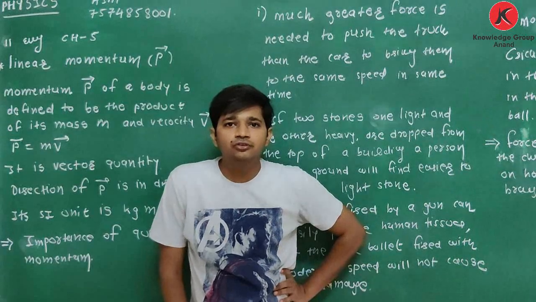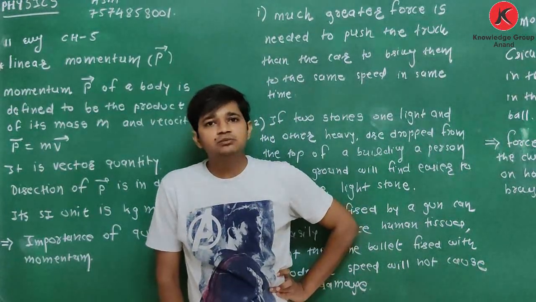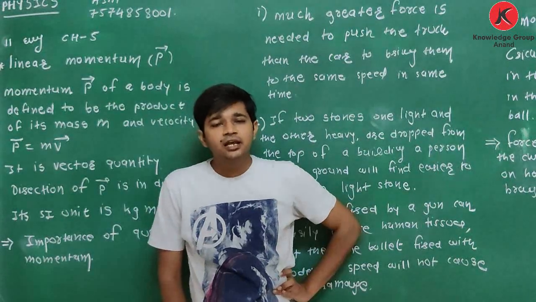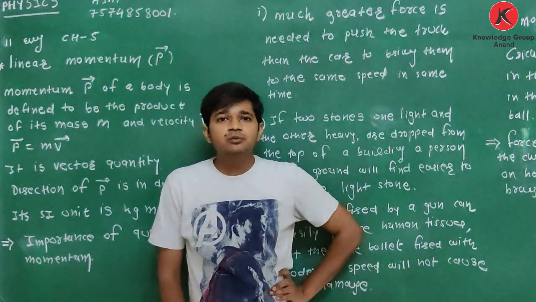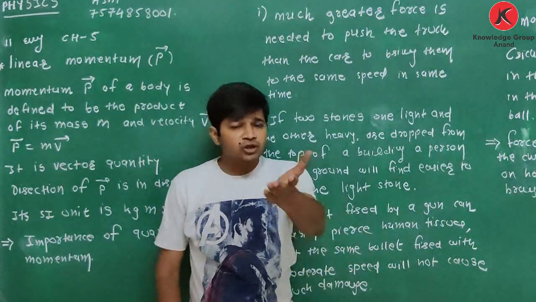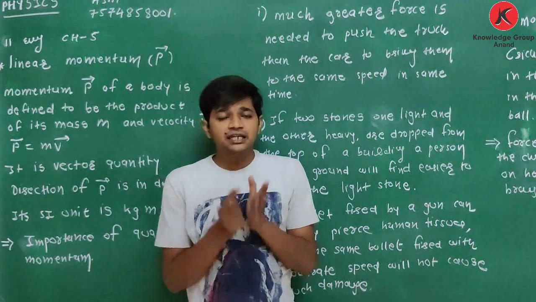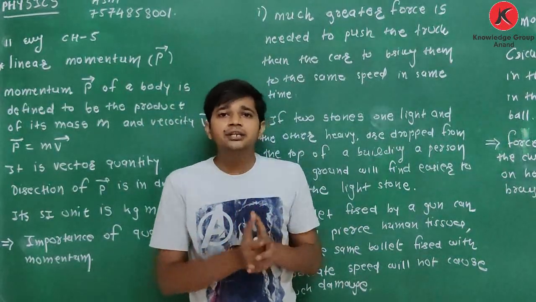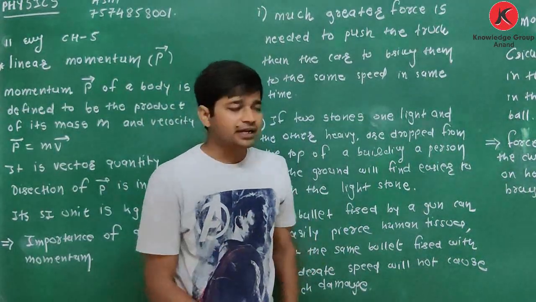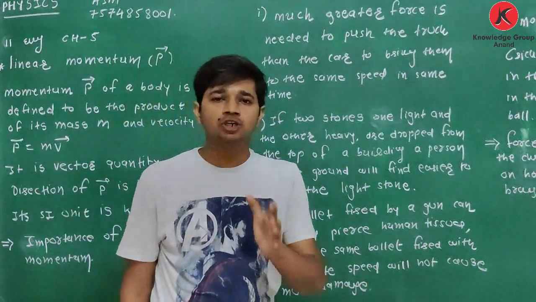V is equal to V0 plus at. Initial velocity is 0, and acceleration for both is g. So their speed will be the same, but one is heavy and one is light, and it is easy to catch the lighter stone. Again, here it is the importance of mass.